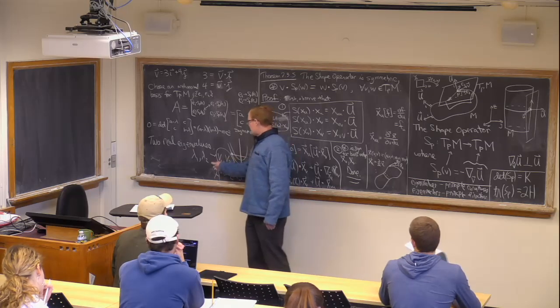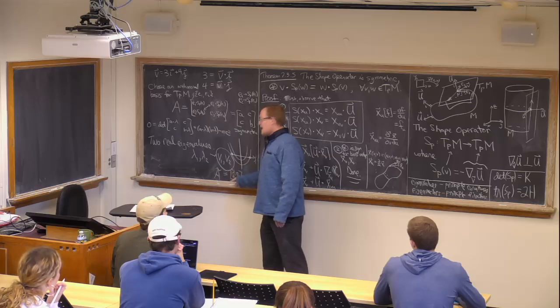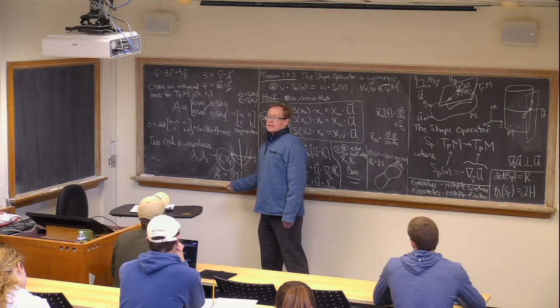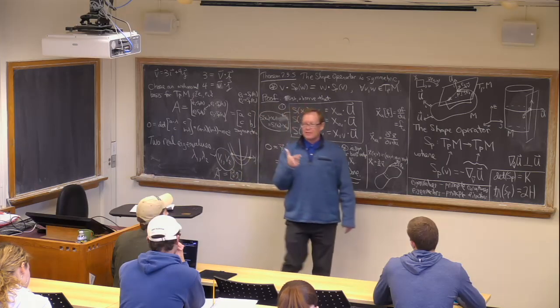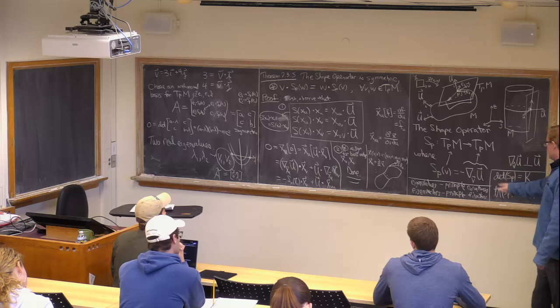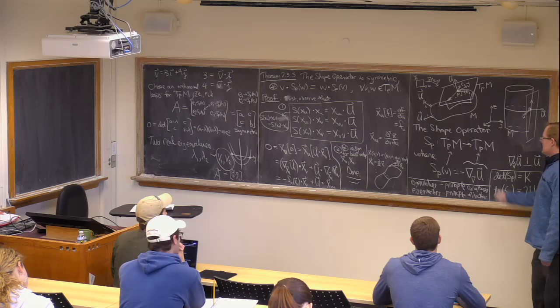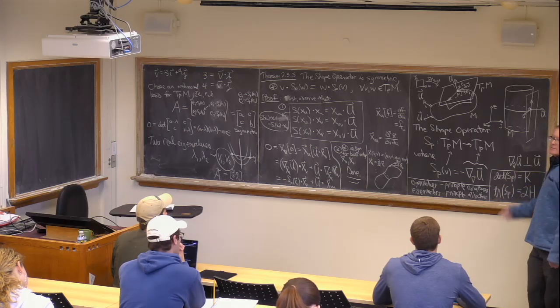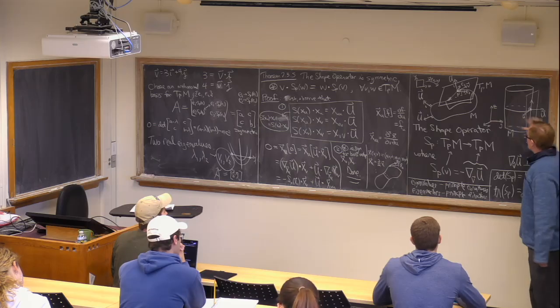I can always choose V1, V2 as my basis vectors so that my A tilde is diagonal. Then lambda 1 and lambda 2 are the principal curvatures, and the principal curvature directions, my basis vectors, are orthogonal. So we've proved that the principal curvature directions are always perpendicular, and we get these two real eigenvalues, which I'll prove next time are actually the curvatures along those cross sections of the surface.